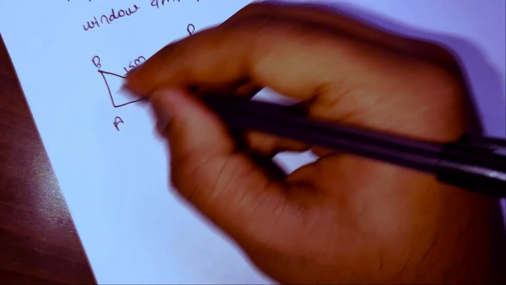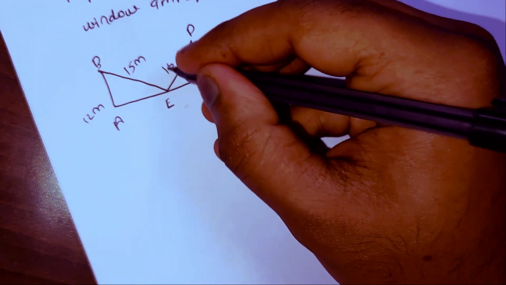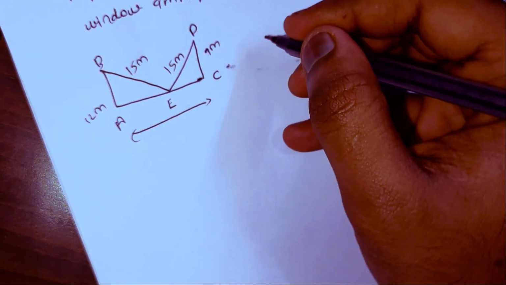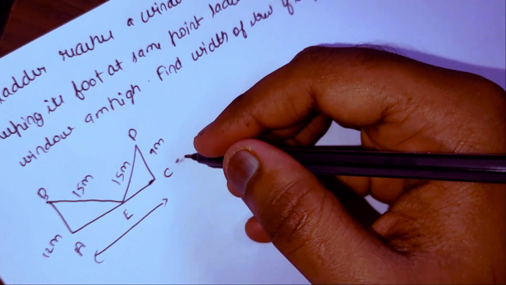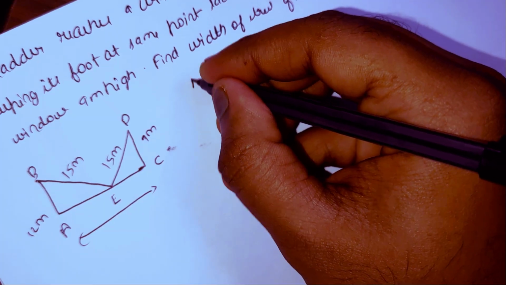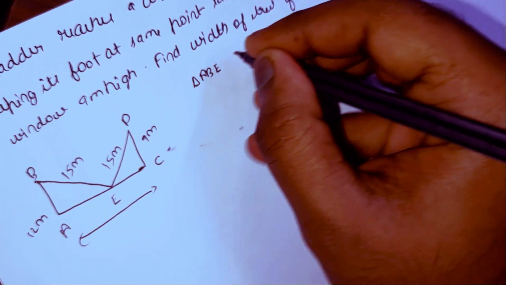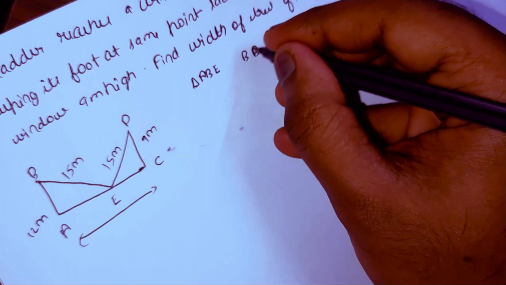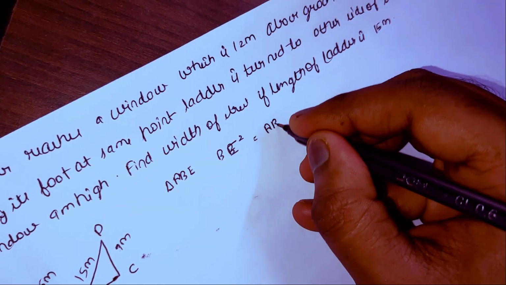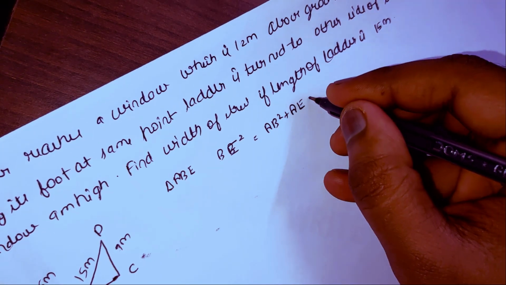This is given as 15 meters, this is 12 meters, this is 15 meters, and this is 9 meters. We have to find this distance. You know from triangle ABE, BE square is equal to AB square plus AE square.